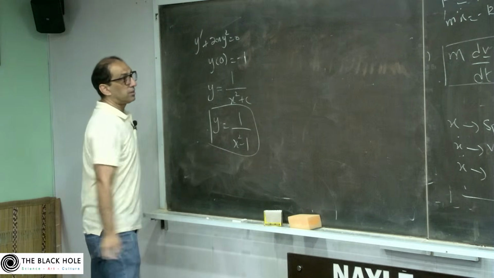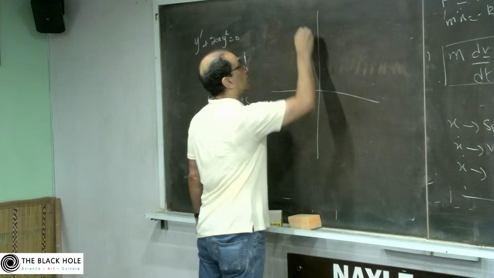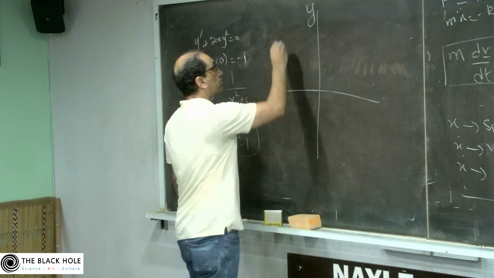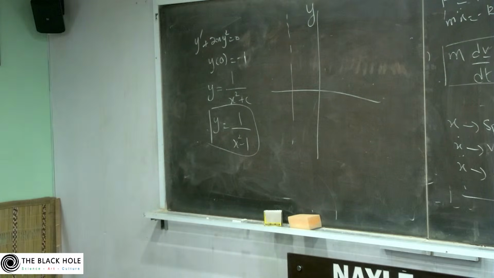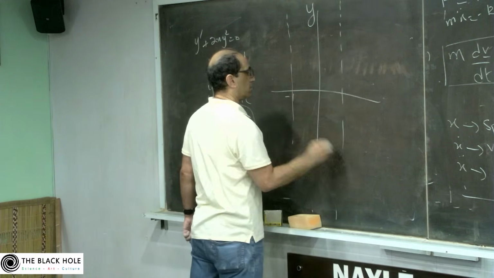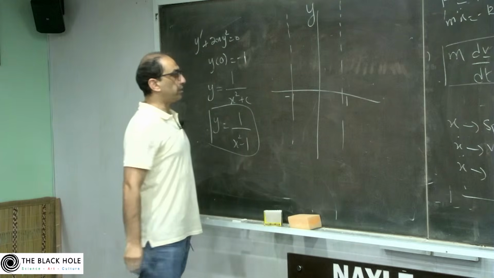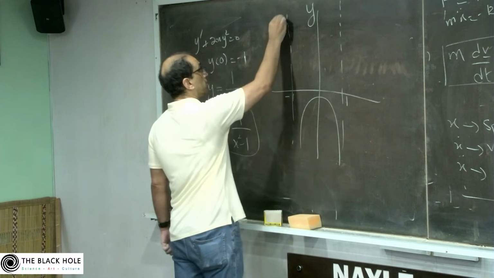So this is a particular solution. Now let's plot it. As you can see, at x is equal to plus minus 1, this function will blow up, okay? So there's a 1 here. So my solution now behaves like this.